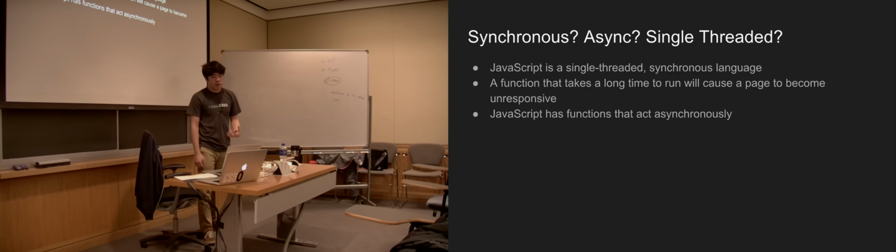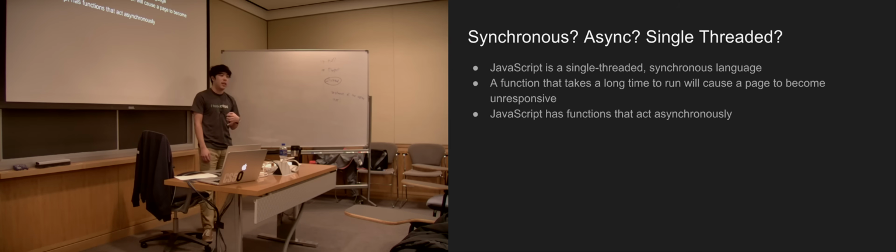But since it's single-threaded and synchronous, it means that if you have a function that takes a really long time, it'll actually block everything else from running. So like in C, if we did something like getInt and you never gave an int, what happens to the rest of the program? It's just kind of sitting there waiting for you to do something, right? And so JavaScript is also single-threaded, which means it doesn't have other processes going on at a single time. And it's synchronous, meaning it can't move on until something's done. So if you have a very long executing function, then it kind of blocks everything else.